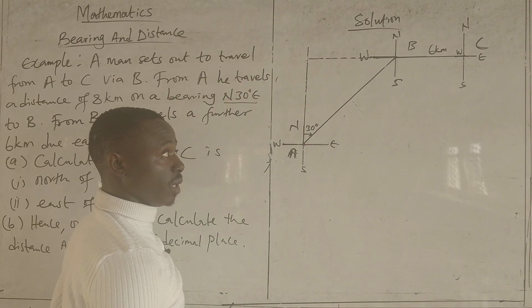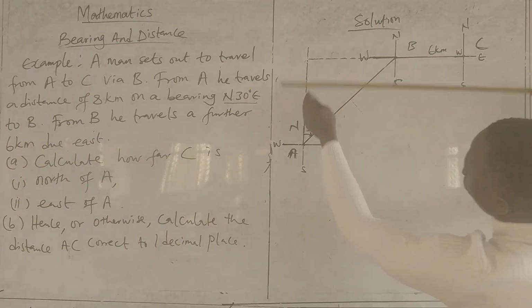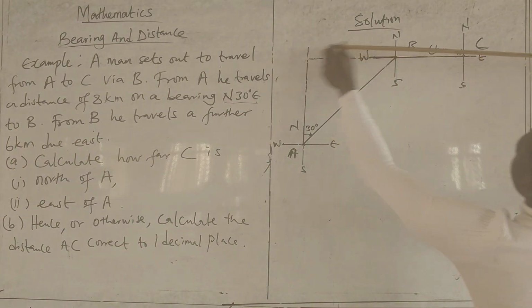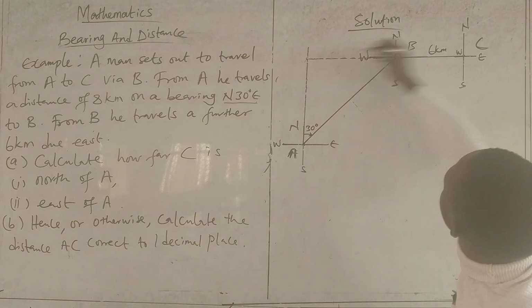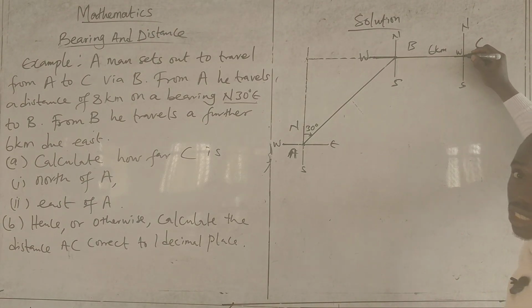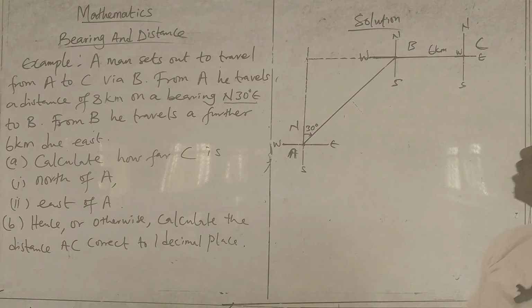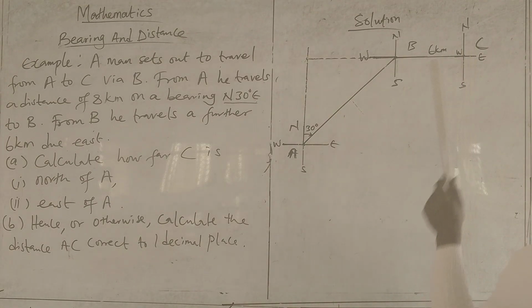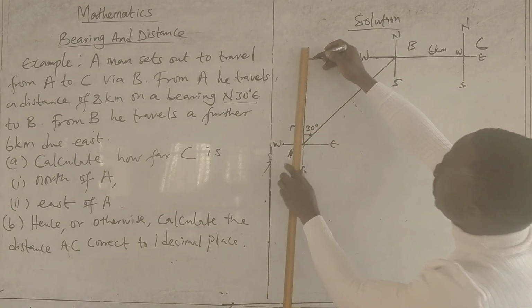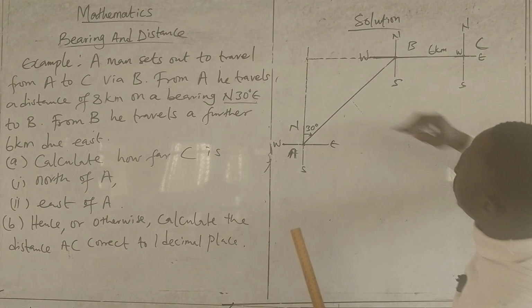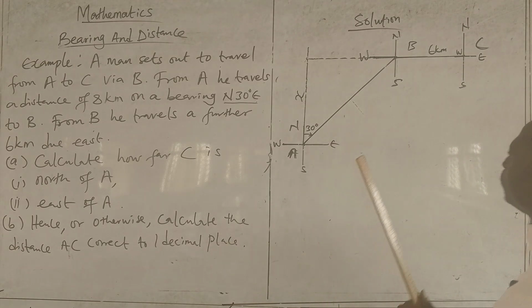From A. Now, from this point to this point, that's how far C has traveled due what? Is it due west, due north, due south? Due east of A. But what I'm looking for is here, from here to here. Should I call it X? Let me call it X.